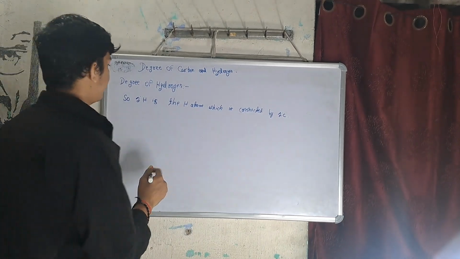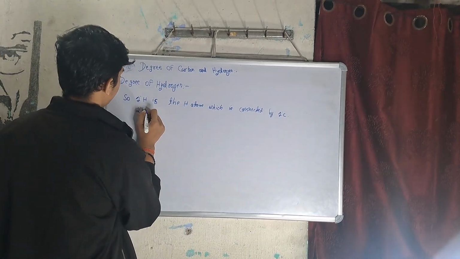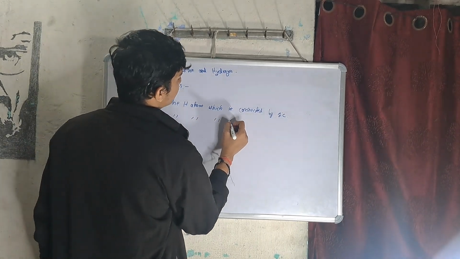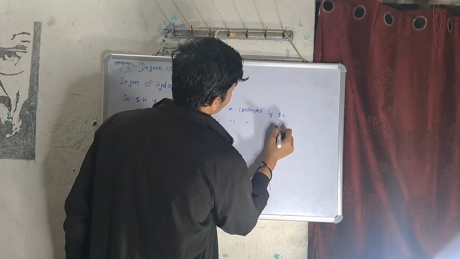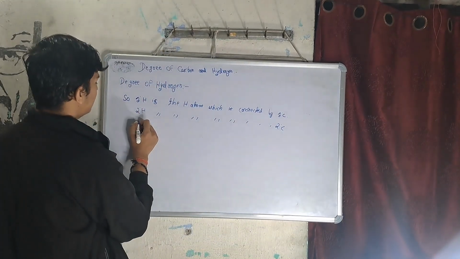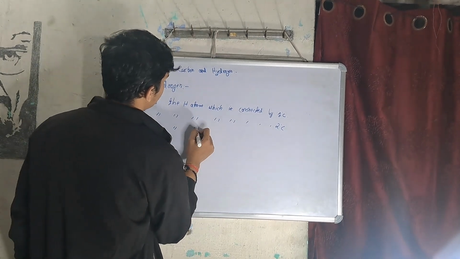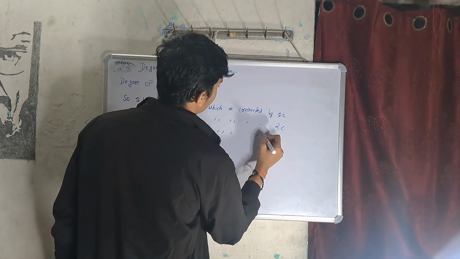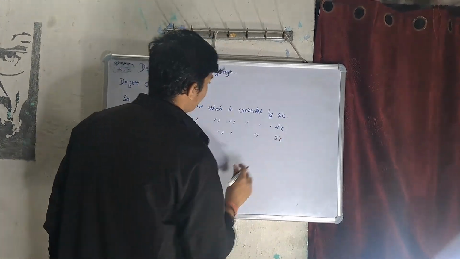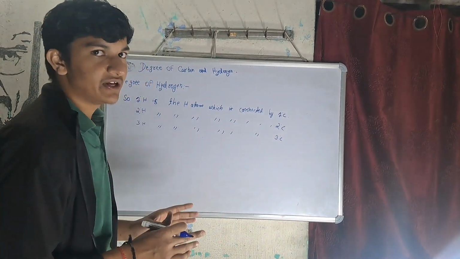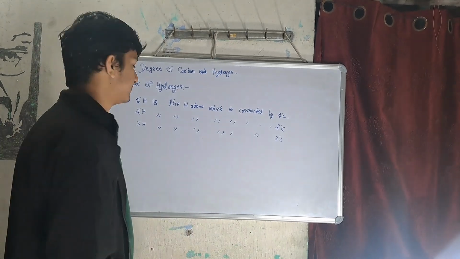Similarly, 2 degree hydrogen is the hydrogen atom which is connected to 2 degree carbon. Also 3 degree hydrogen is the hydrogen connected to 3 degree carbon. Here 4 degree hydrogen does not exist because the carbon valency is fulfilled.